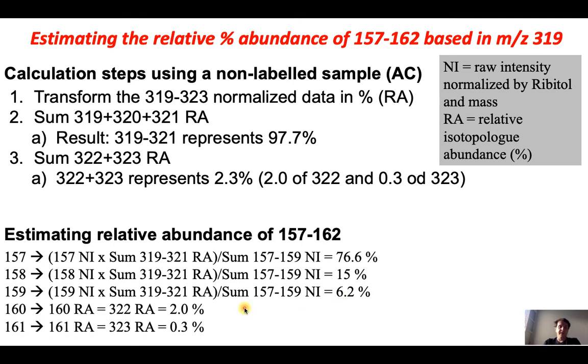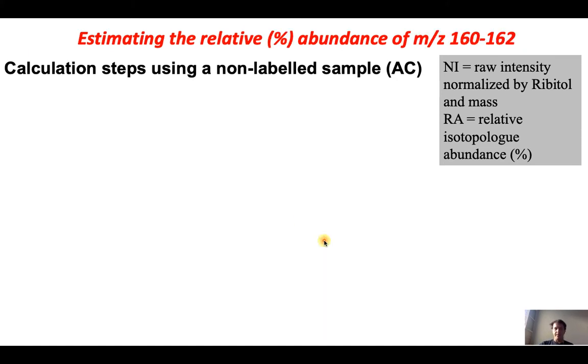And then, given that the correlation between the fragments 319 and 157 is linear, we assume that the M3 and M4 have the same percentage of this fragment. With this we got the relative abundance of 157 to 162. With this information, we then calculated the 13C enrichment, the relative abundance of the other fragment, the 160 and the 162.